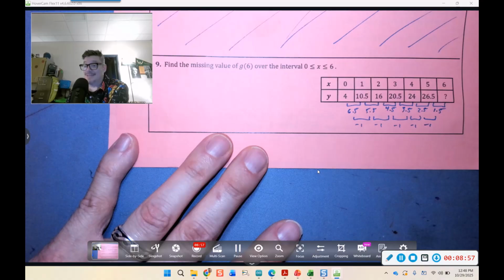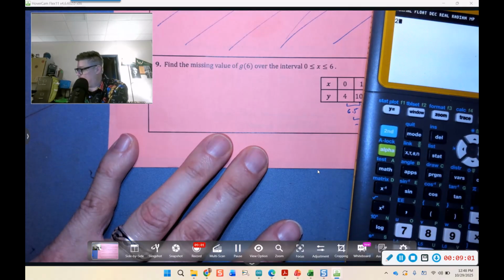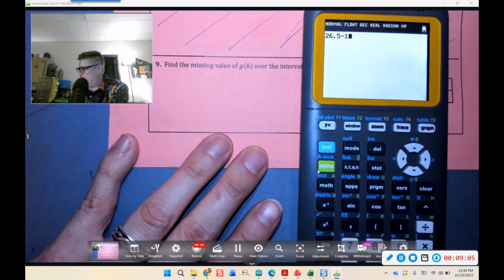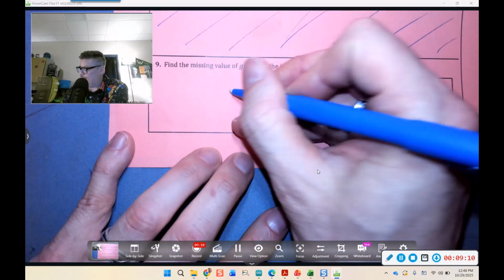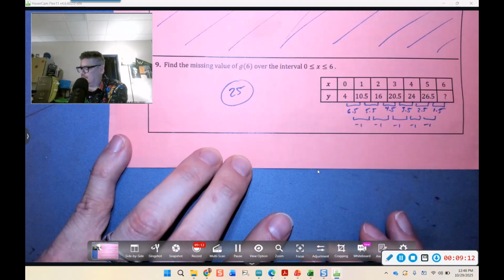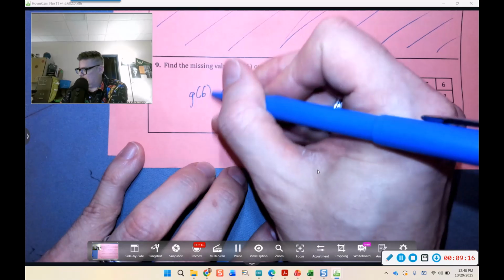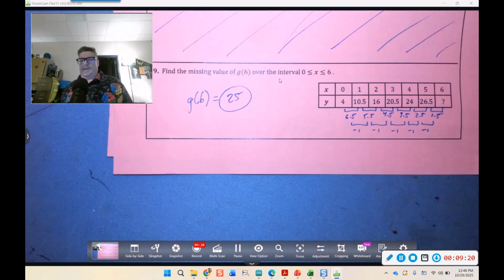It means that 26.5, where you need to drop him 1.5, is just going to be 25. So your answer is 25. So g of 6 has to equal 25. Okay, we'll stop right there.